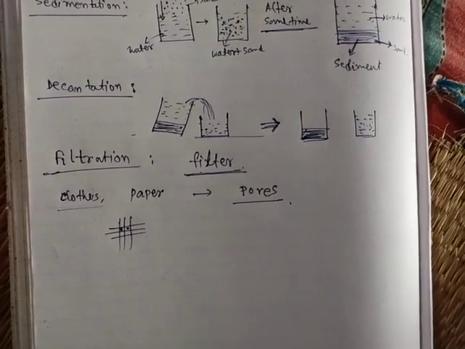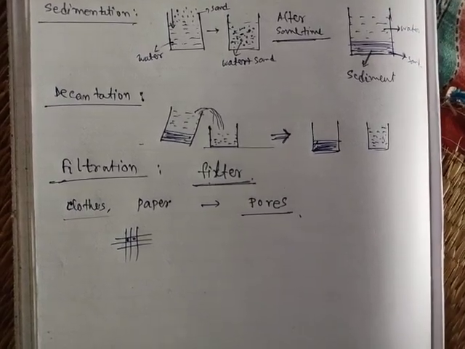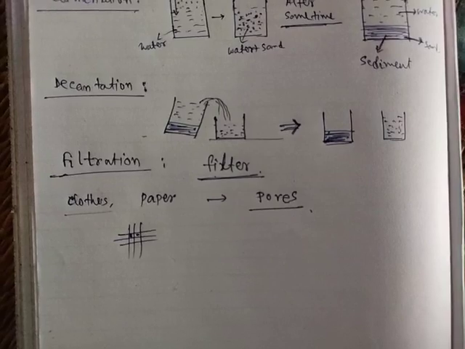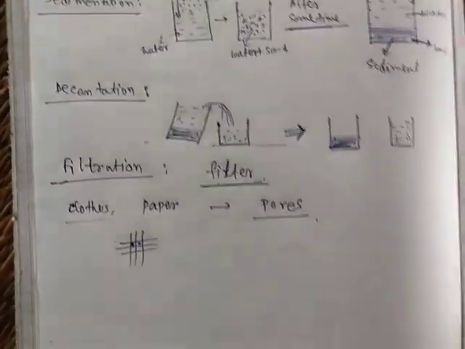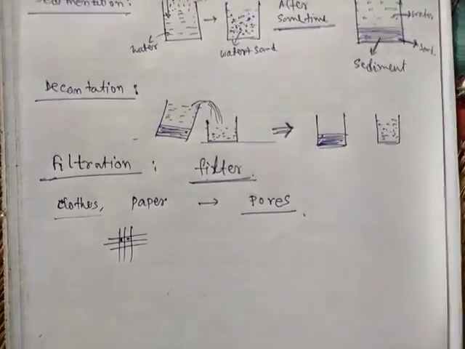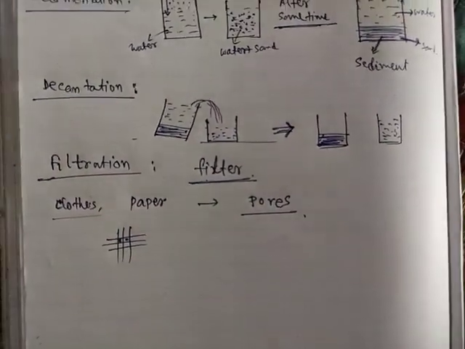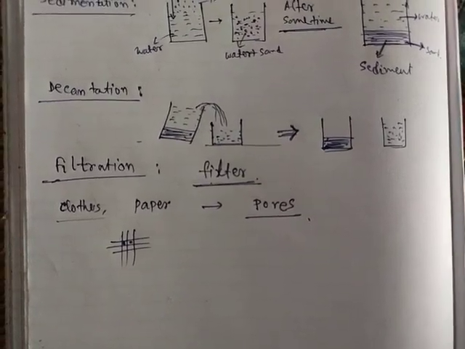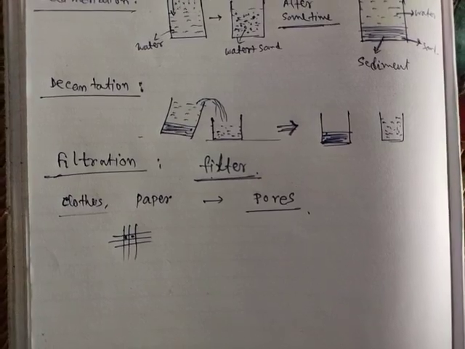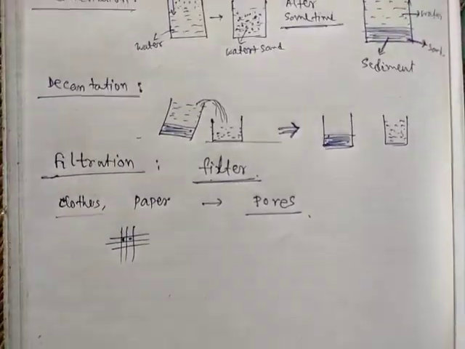Suppose we want to separate sand, then we use one filter. But if we want to separate stone pieces, then we will take another filter whose pore size must be greater than the previous pore size, because stone particles are greater in size than sand particles. So understand.